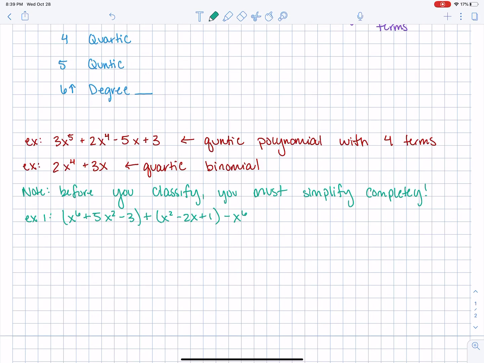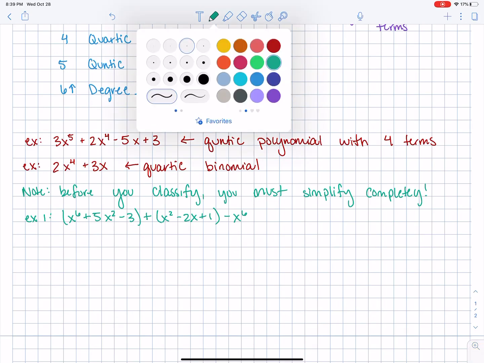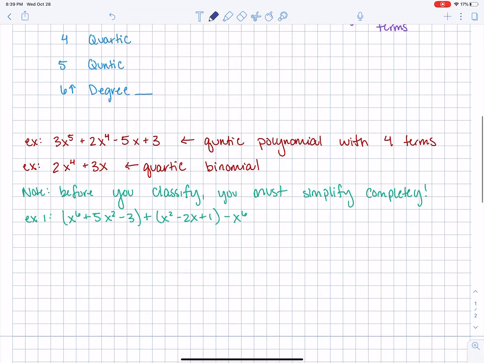Okay, a whole bunch there, but now we need to go ahead, we need to combine all like terms. So we have x to the 6th and x to the 6th. We have a 5x squared and an x squared. We have a negative 2x, and last one is that we have a negative 3 plus 1.